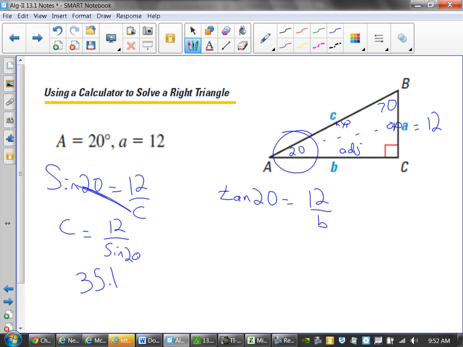And what do you get when you take 12 divided by the tangent of 20? 32.96. It says 32.9697. So then it'd be 32.97. I like 2 decimal places. Try to remember to round them to 2 decimal places. That's all.